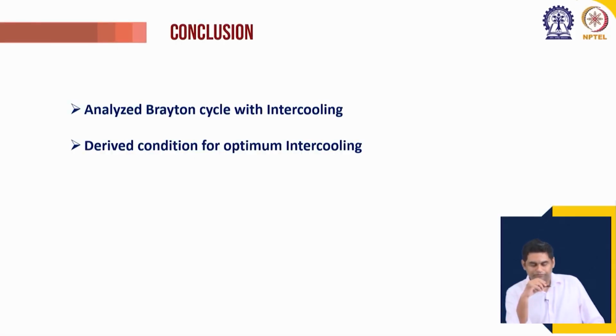So, we come to the conclusion. To summarize, in this case we have analyzed the Brayton cycle with intercooling. However, we have not yet derived the condition. We know how to derive the condition now for optimum intercooling, and we know how to start deriving it, and we will derive it in the next class.